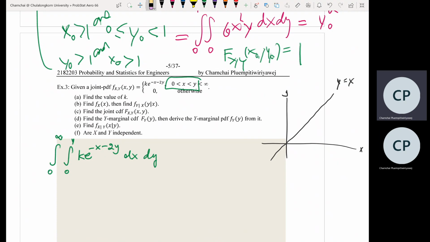X less than y is right here. This is the area you want.